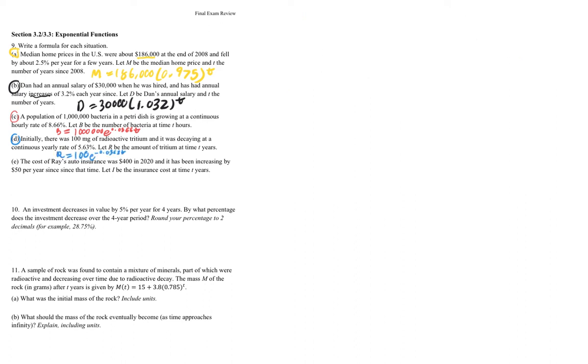Now looking at our last part, E here, the cost of Ray's auto insurance was $400 in 2020 and has been increasing by $50 per year since that time. So this one doesn't have any exponential rate. We're going to use a linear function, which is like y is equal to mx plus b. So in this case, we want to write it in terms of I and t. So we're going to say I is equal to our rate of $50 per year.